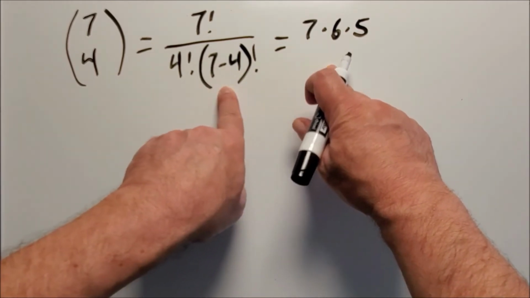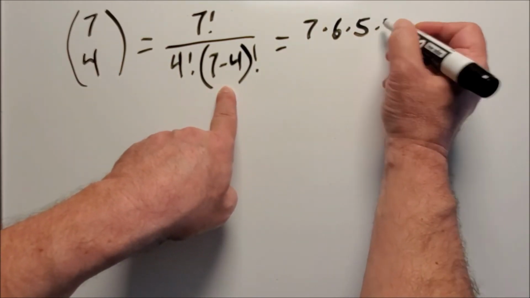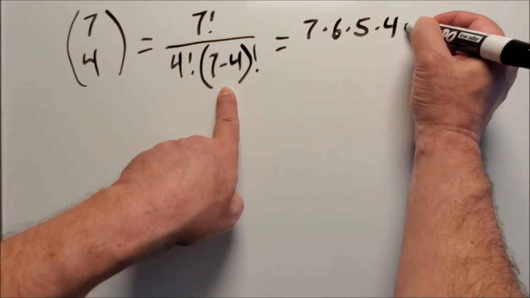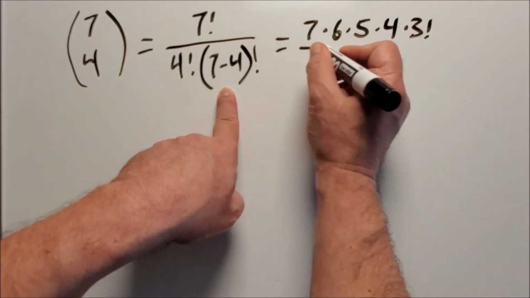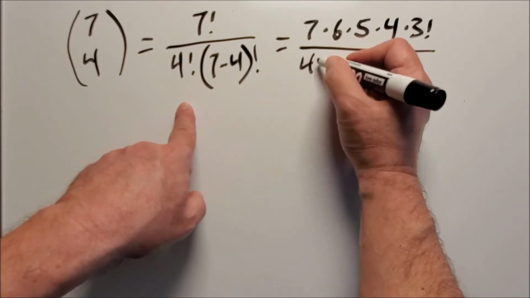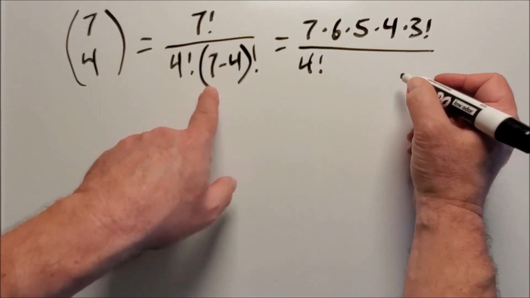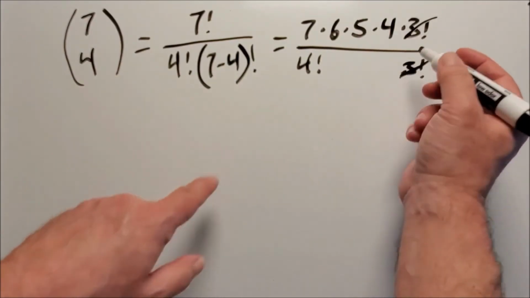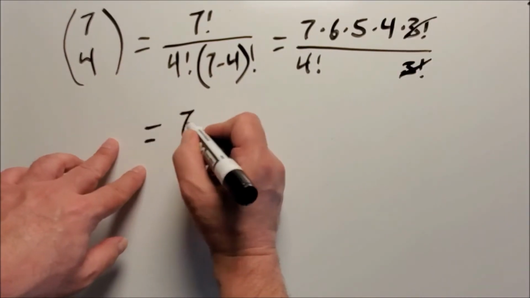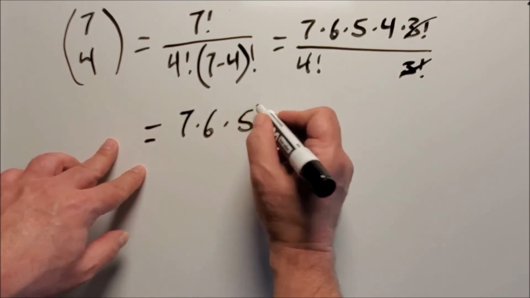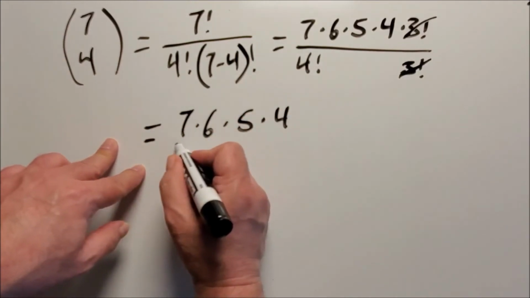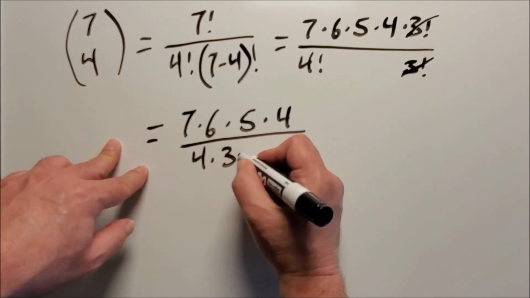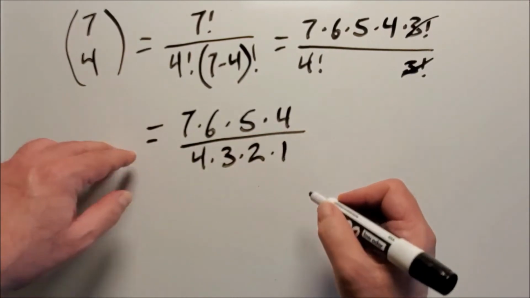7 minus 4 is 3. So I have 7 times 6 times 5 times 4 times 3 factorial this time on the top. And we have 4 factorial on the bottom times 3 factorial. Those go away. And what are we left with? 7 times 6 times 5 times 4 over 4 factorial, 4 times 3 times 2 times a redundant 1 if you like.